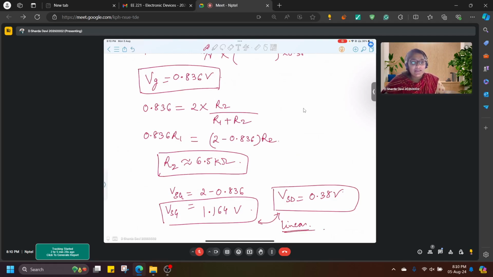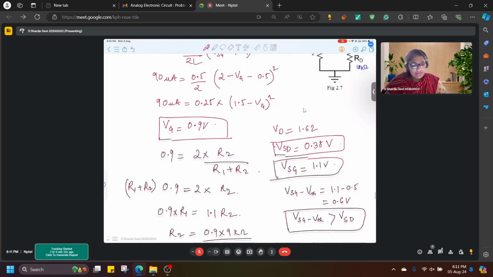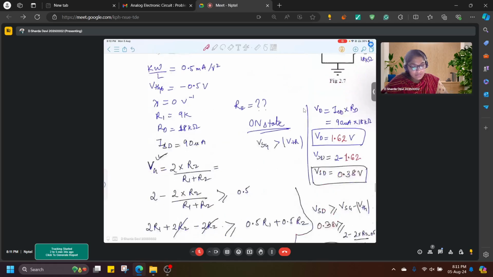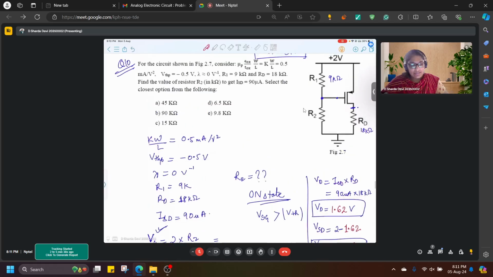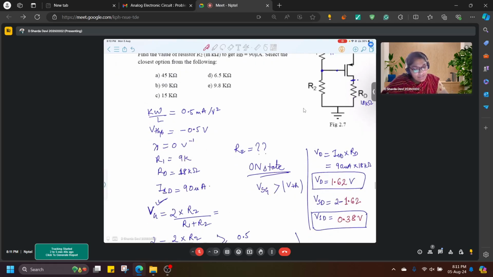Is this clear how we got this? So earlier, the solution that I was trying, I didn't try to assume anything. I was not assuming the transistor in any region of operation, and I was trying to solve the equation. So there, what happened?